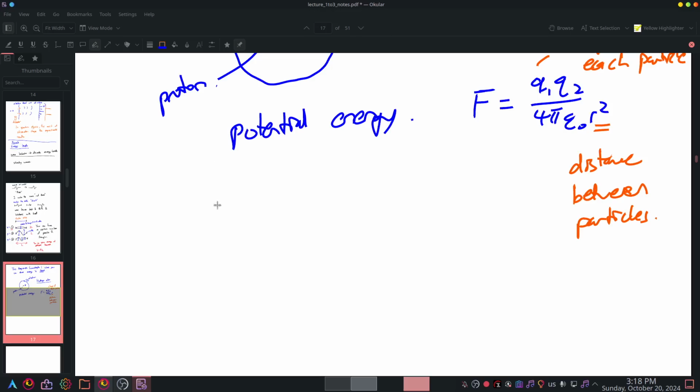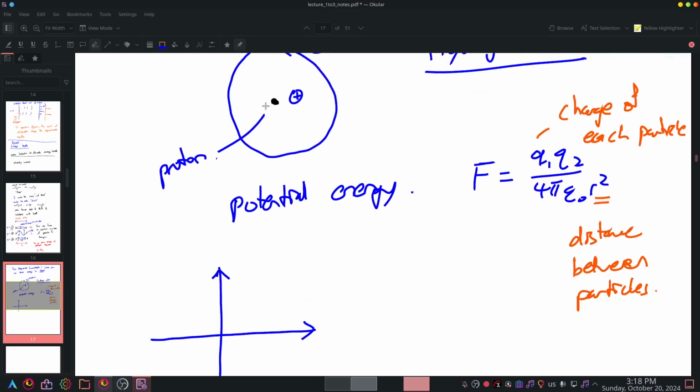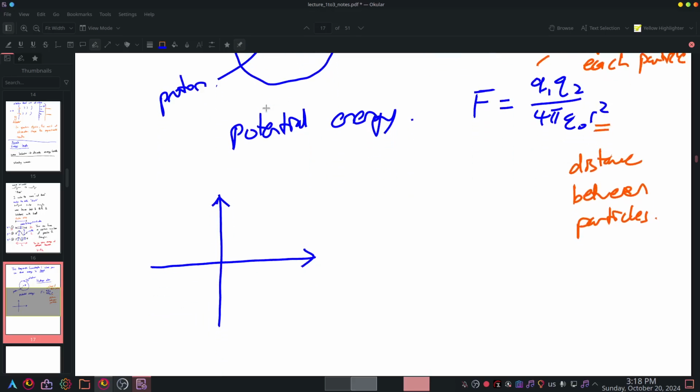So what happens here if we were to plot this out? If we are very close to the proton, we'll have the least potential energy. Let's say this is x, the distance from proton.